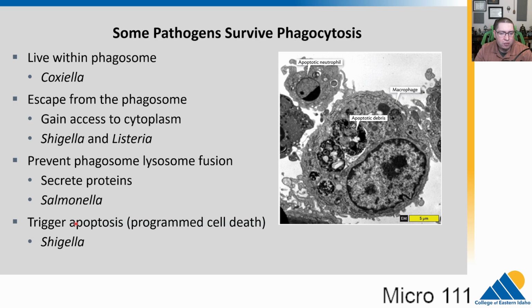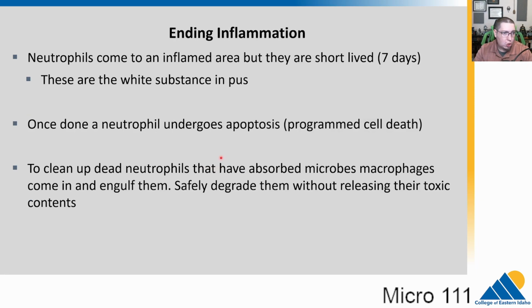There are even some bacteria like Shigella that can trigger what we call apoptosis, which is programmed cell death. So they will essentially tell this immune cell to destroy itself, and then they will escape from that immune cell that way. So just because we have a mechanism to deal with pathogens doesn't mean they haven't evolved ways to get around this, right?